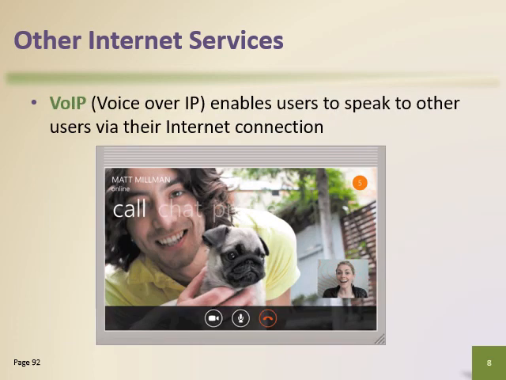Let's see some protocols. We have Voice over Internet Protocol, that is VoIP, as discussed earlier as well. It enables you to speak to other users with their internet connection. VoIP uses the internet to connect a calling party, so you can call someone at a distance.